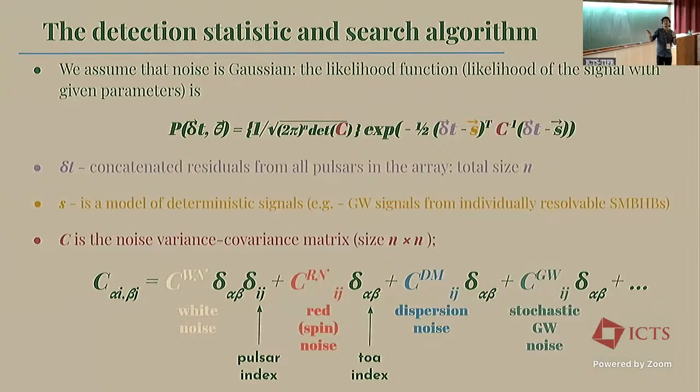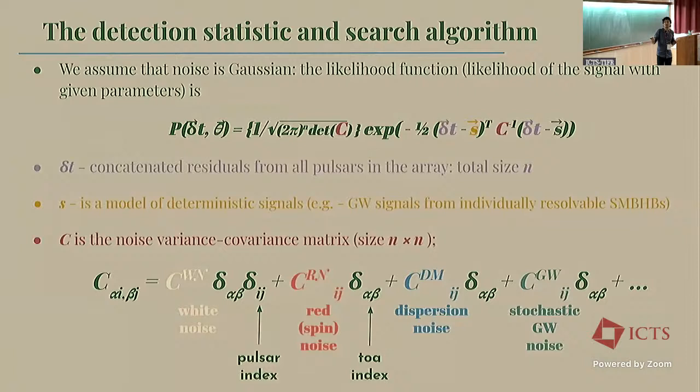But this S would contain all deterministic signals, not just gravitational signals from individually resolvable SMBHBs. But the giant product we end up at the end is this noise variance covariance matrix, which has this size n by n, where n is the number of observations.